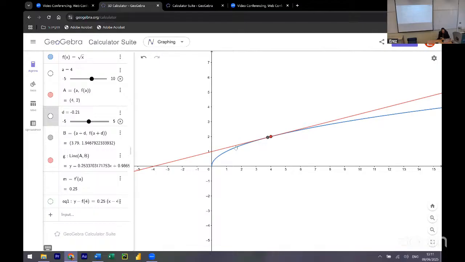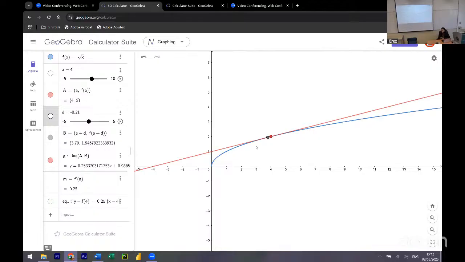What is the slope of the red line here? You can see it here on the side. It's 0.253. What would you expect the slope to be? Why? Yeah, it's a quarter. This is the square root of x. How do you know what is the slope at 4? What's the derivative of the square root of x? Yeah, 1 over 2 times square root of x.